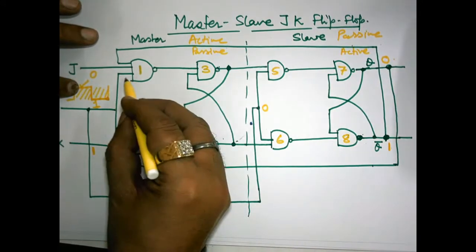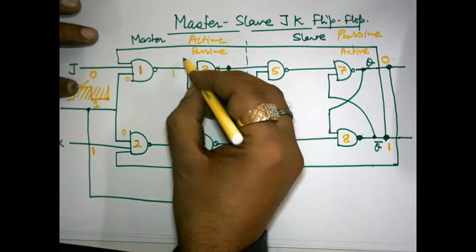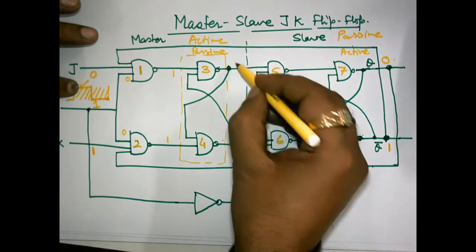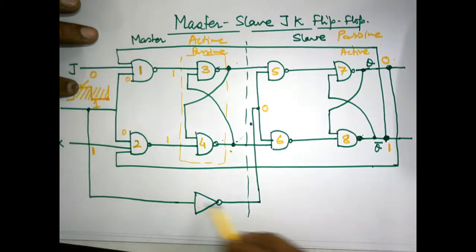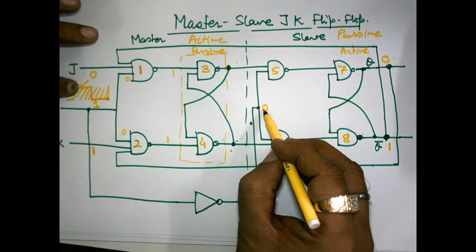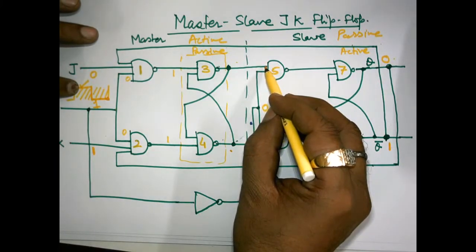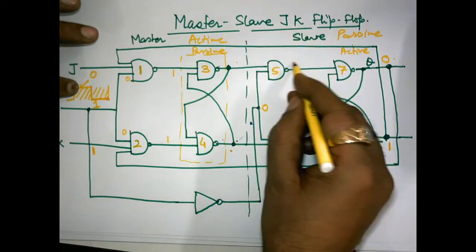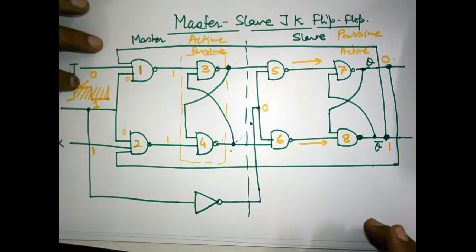Because 0 is reaching over here, making everything 1 1, and 1 1 at the input of SR latch is not going to show you any change at this point. But at the same moment 1 will reach over here. So what has been there earlier before the arrival of this 1, they will proceed to change the output at point Q and Q bar.